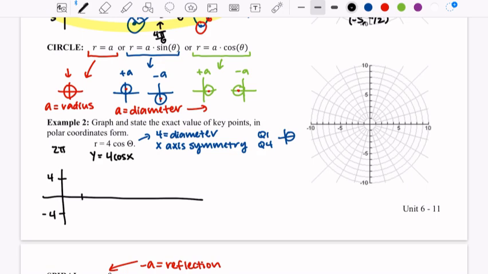Okay, so all of our points that we're going to graph are going to go in pi over 4s. So pi over 4, pi over 2, 3 pi over 4. What am I saying? Because it's 2 pi over 4, which is pi over 2. Okay. Sorry.